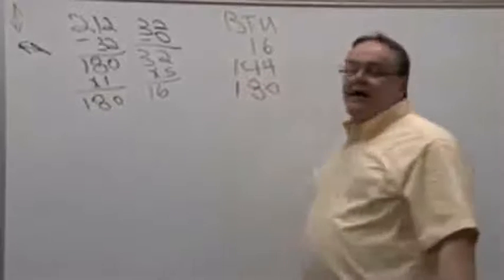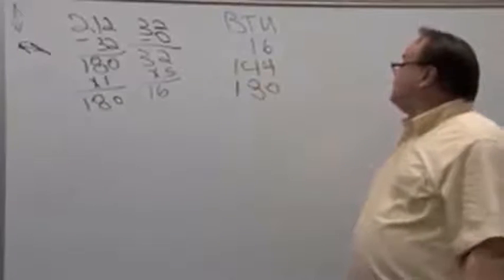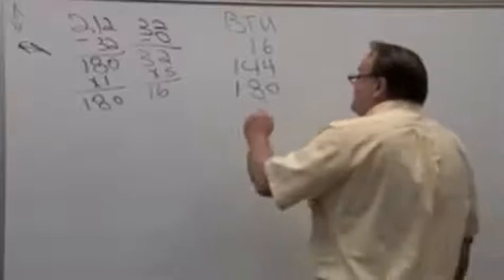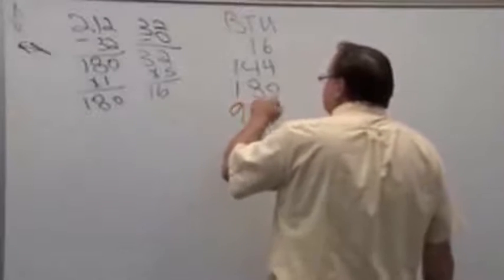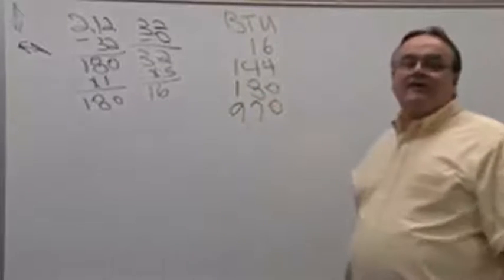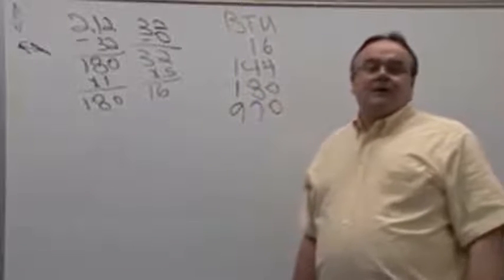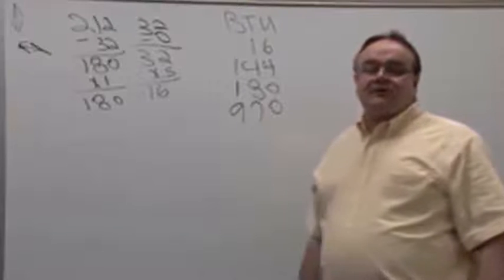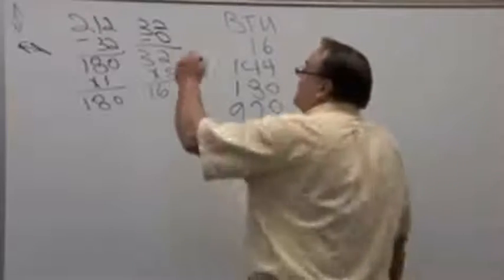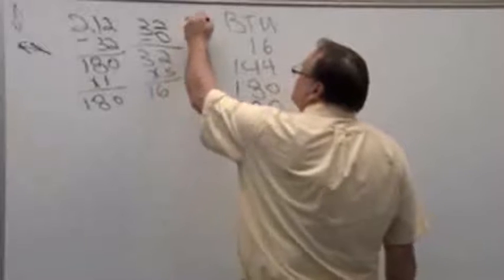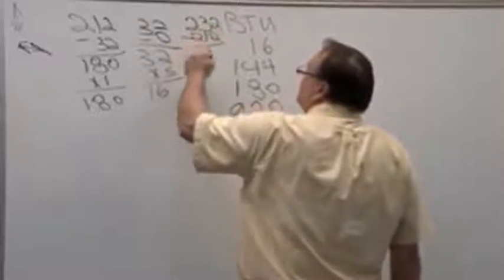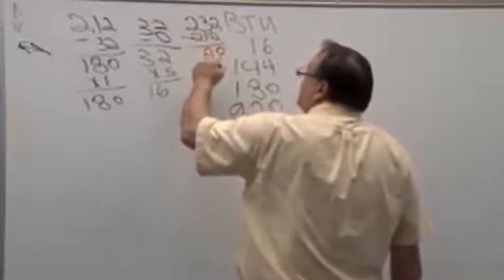We now have boiling water at 212 degrees. It's going to take 970 BTUs to turn that water into steam. So that will give us a pound of steam at 212 degrees. We said we wanted to bring it up to 232, so we're going to subtract 212, and that's going to give us 20.